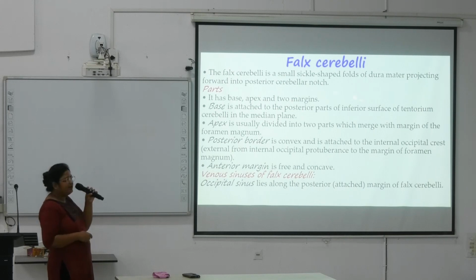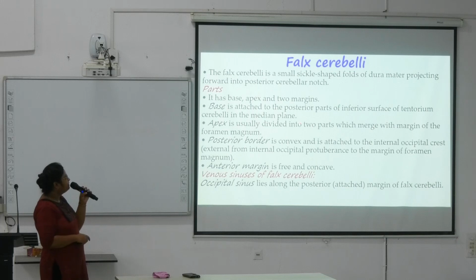We go to falx cerebelli. Falx cerebelli is a small sickle-shaped fold of dura mater projecting forward into the posterior cerebellar notch. It has a base, an apex and margins. Base is attached to the posterior part of the inferior surface of tentorium cerebelli in the median plane. Apex is usually divided into two parts which merge with margins of foramen magnum.